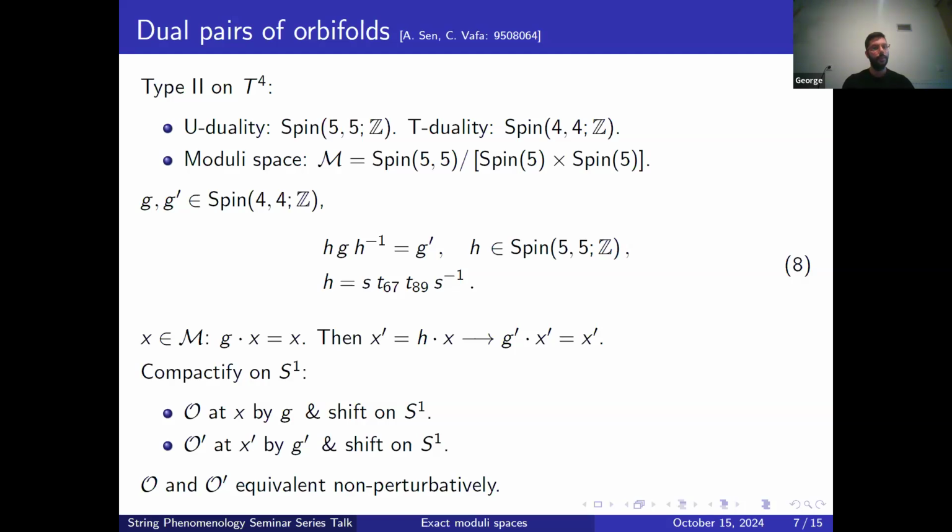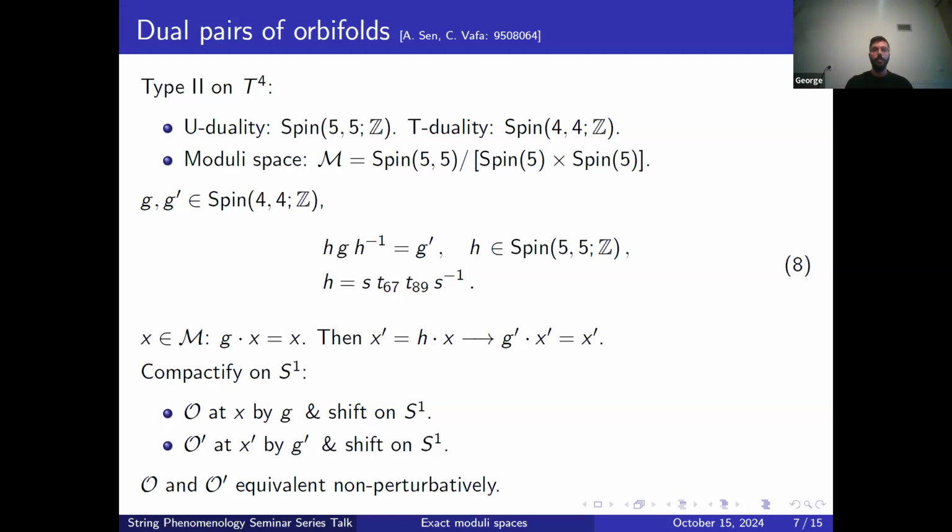The particular element h of the U-duality group that we use for this conjugation is a combination of the S-duality element S, which inverts the 10-dimensional axiodilaton, and the T-duality elements T67 and T89, which invert the Kähler modulus of the 6-7 and 8-9 planes associated with the 4-torus. Now, if we take a point x in the moduli space that is invariant under the action of g, then the point h times x will be invariant under the action of g prime, as follows from this conjugation.